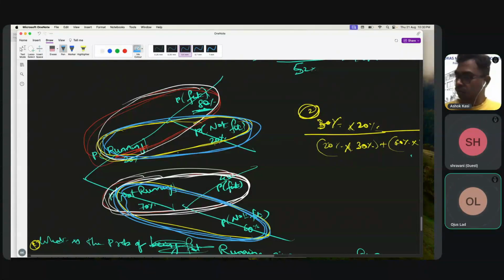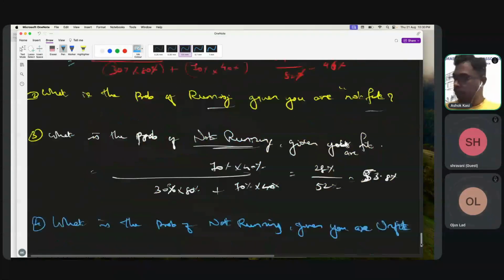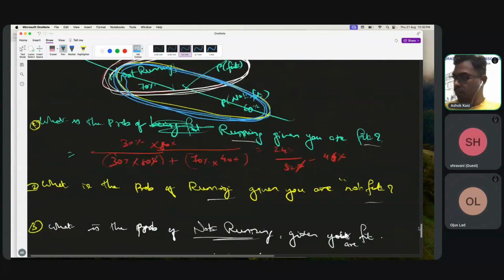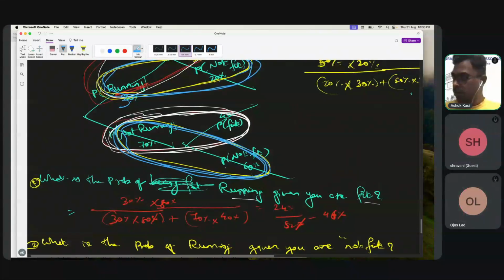Both are 20. So 20 into 30 percentage plus 70 into 60, 60 into 70.